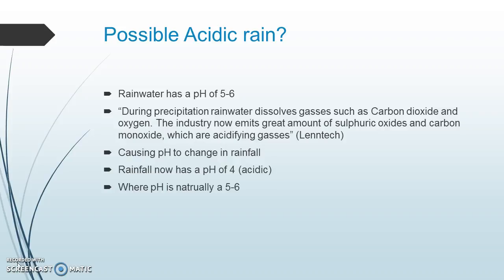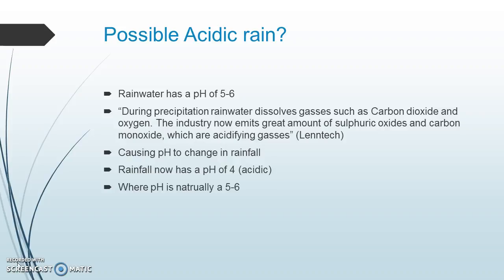The industry now emits a great amount of sulfur oxides and carbon monoxide, which are acidifying gases. From contaminated water bodies they dissolve in rainwater, causing a change in the pH of precipitation from 5 to 6, which is neutral, to 4 on the scale, which is now acidic.